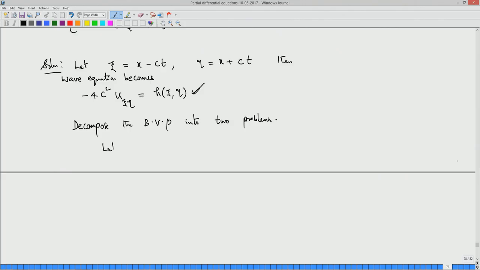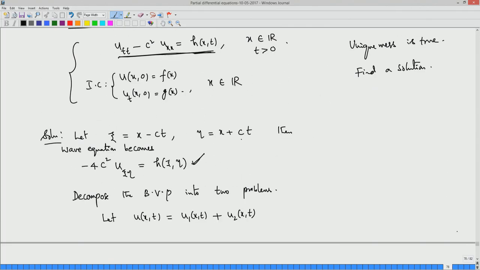So let u of x t be u1 of x t plus u2 of x t, where u1 satisfies the homogeneous equation.